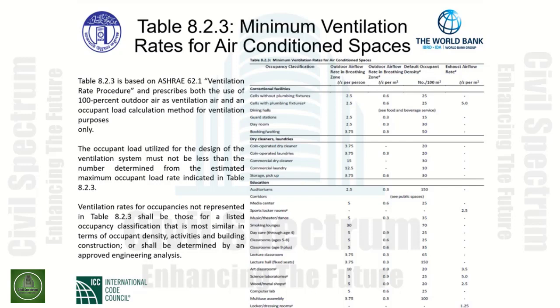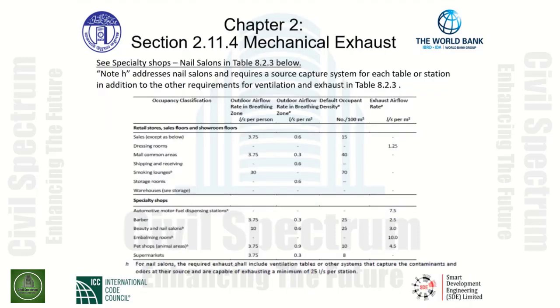Ventilation rates for occupancies not represented in Table 8.2.3 shall be those for a listed occupancy classification that is most similar in terms of occupant density, activities, and building construction, or shall be determined by an approved engineering analysis. See specialty shops in the occupancy classification for beauty and nail salons.